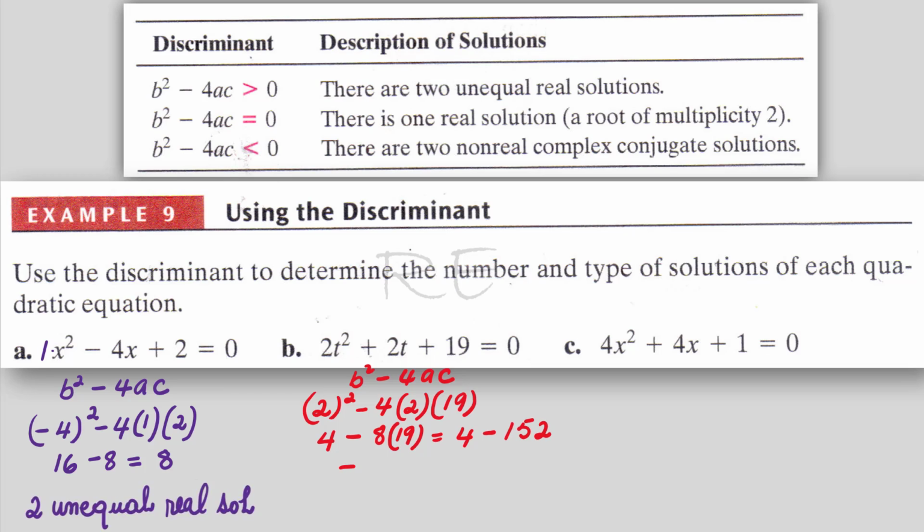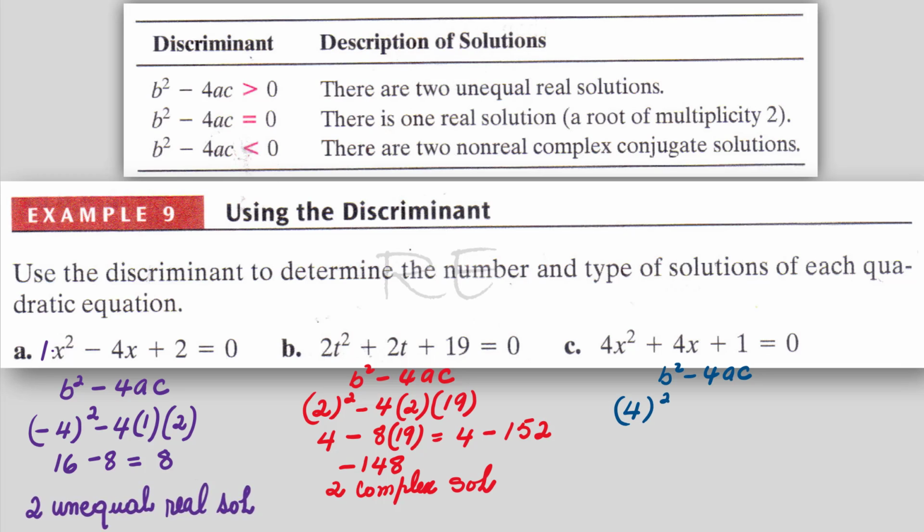And 4 minus 152 is negative 148. b squared minus 4ac is less than 0. We have two complex solutions. They are conjugates of each other. Two complex conjugate solutions.